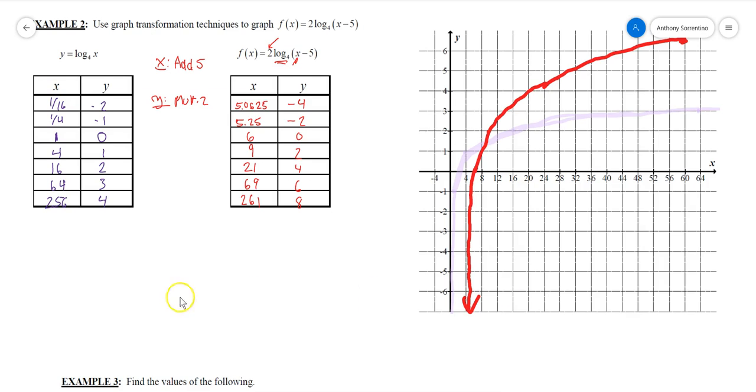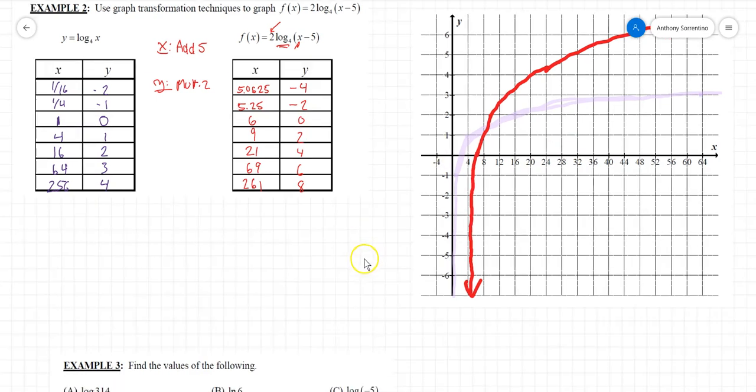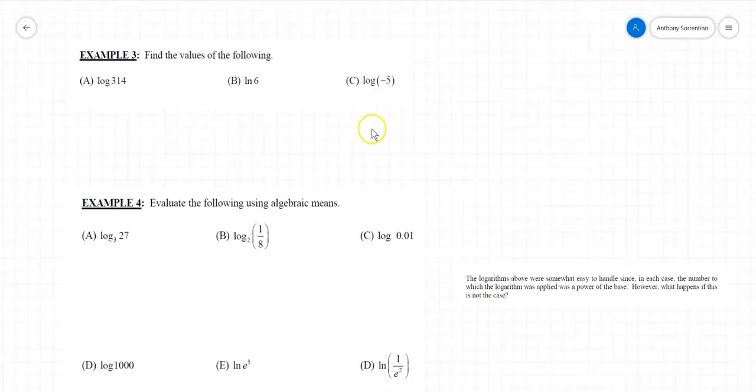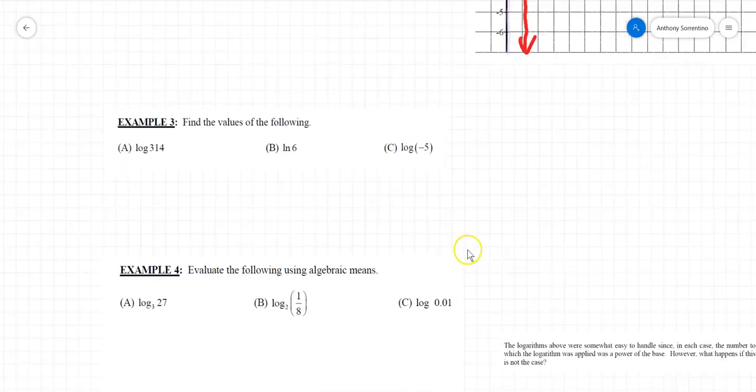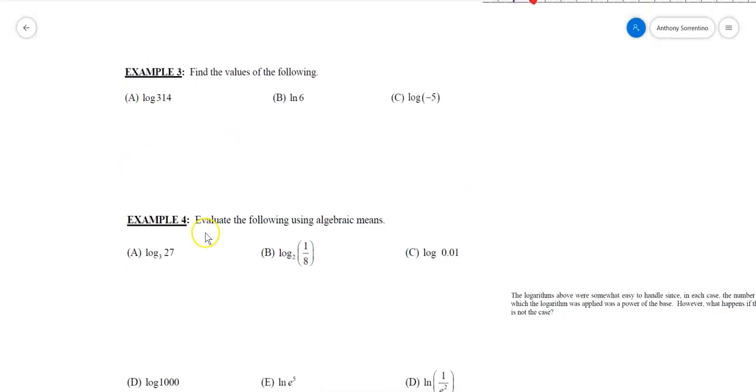On to example 3. In example 3, this is mostly about putting this into your calculator, because these things, even if you rewrite these as exponentials, right here, if I consider this, this is basically a log base 10, so I'm looking for 10 to what power is 314.